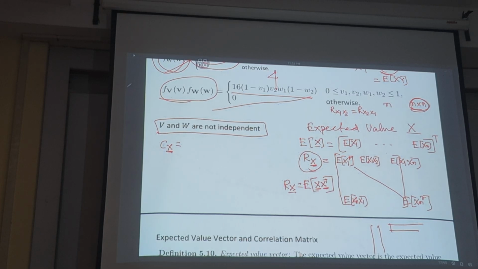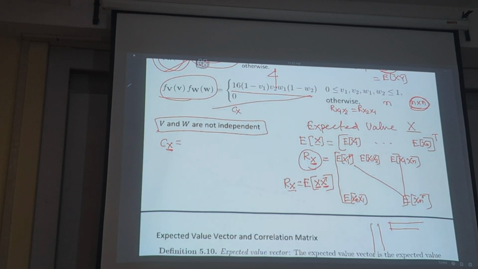So now the covariance matrix is, if we focus on the covariance of x and y, then it is what? The expected value of what? X minus mu x times. Similar to this one, right? What is that one?